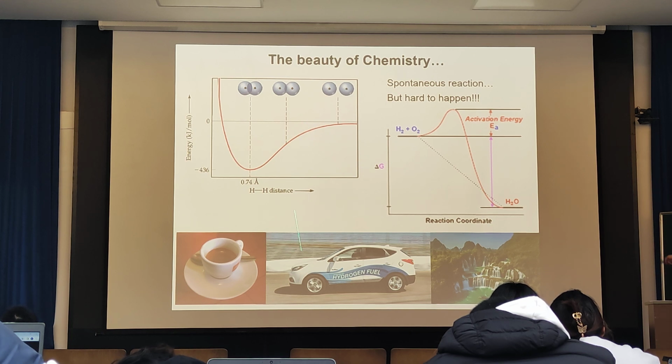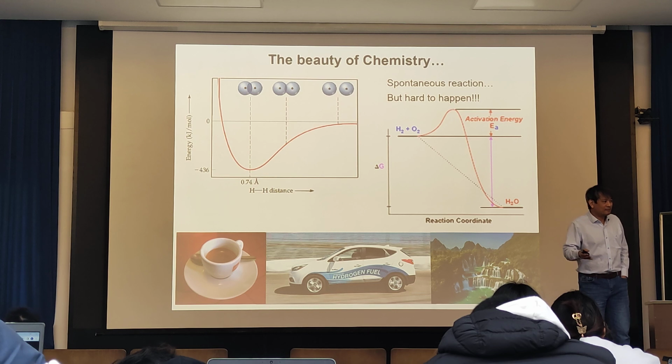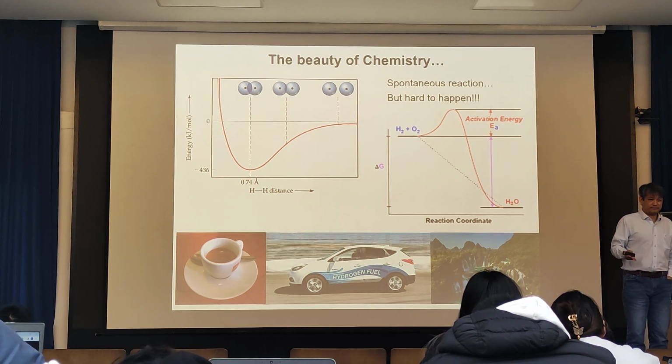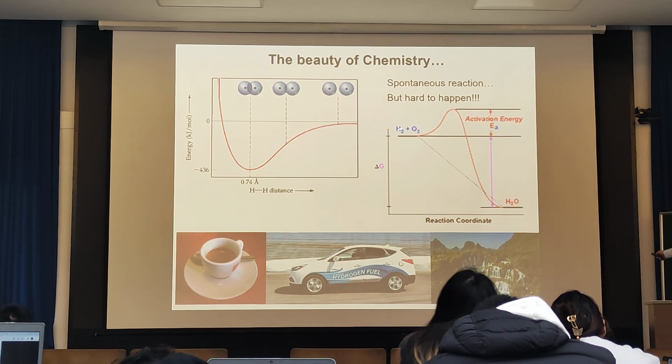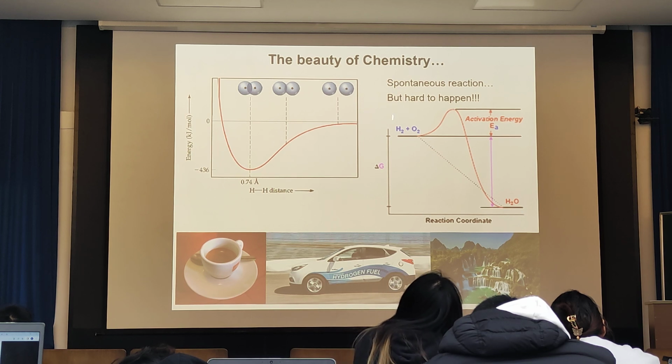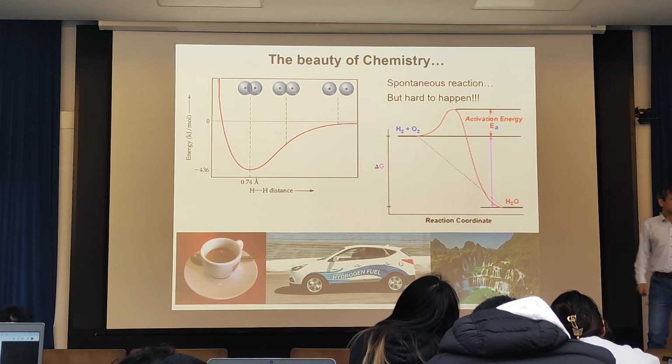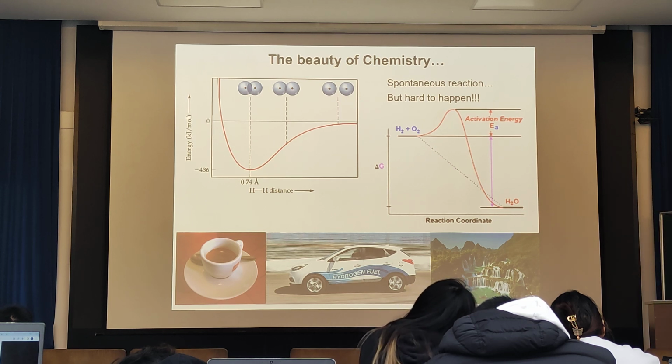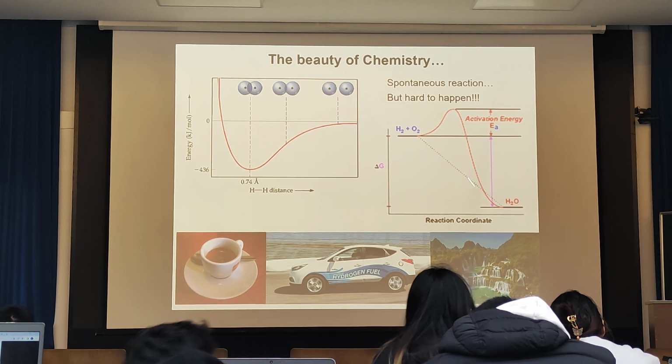However, we are talking about using not gasoline but hydrogen to run the car. And if you want to run the car with hydrogen, you need to do this chemical reaction: hydrogen plus oxygen to produce water. Okay? And this process is a downstream process.